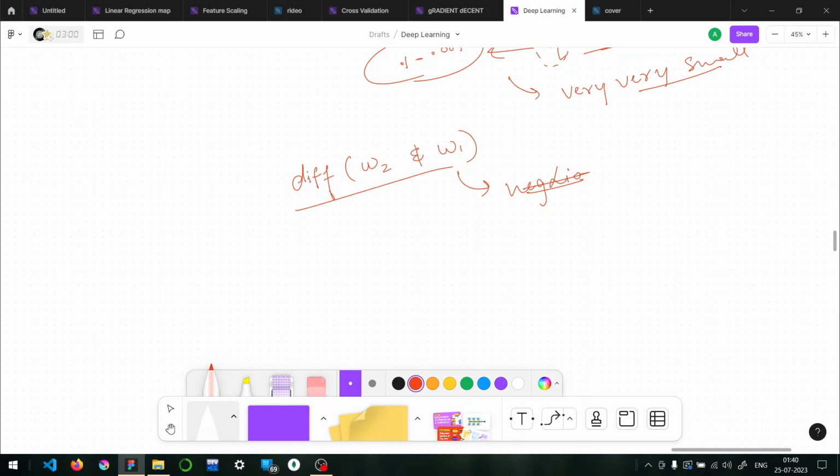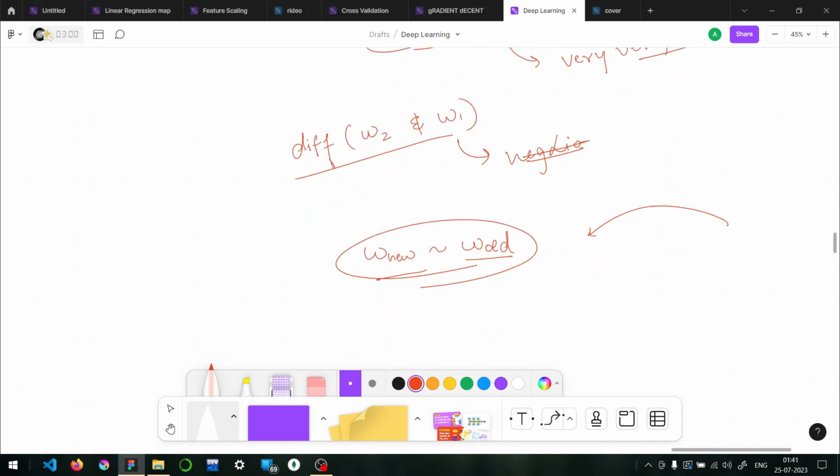What does that mean? That means W new is almost the same as W old. The new values aren't changed that much, so it is somewhat similar to W old. That means even when you backpropagate, your weights are not getting updated, right? So that is nothing but the vanishing gradient.